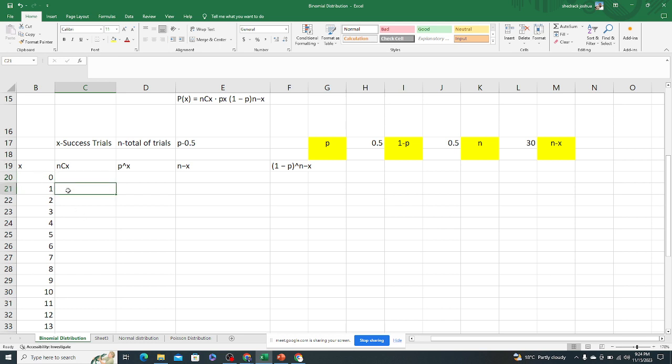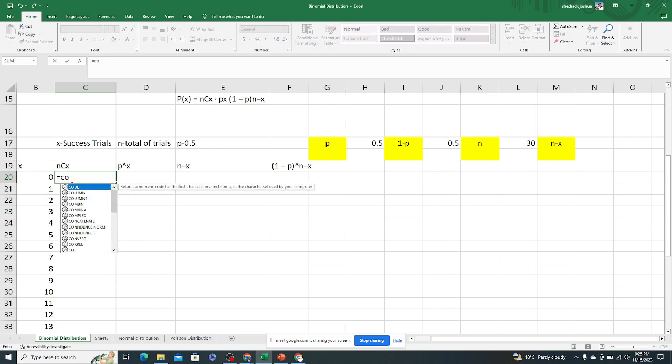We might have 1 successful trial, meaning in this case, for our bulb, maybe we have 1 bulb out of 30 lighting, 2 out of 30 bulbs lighting, 3 out of 30 bulbs lighting. These are the successful trials.